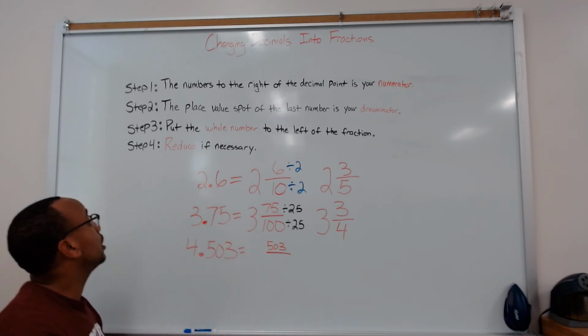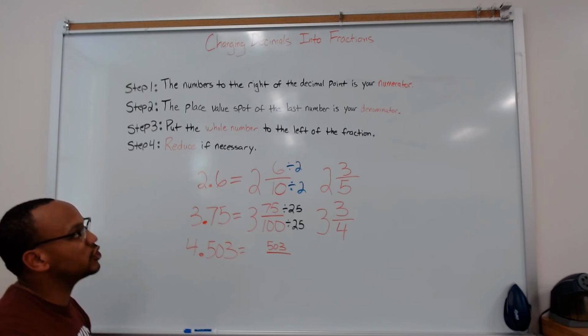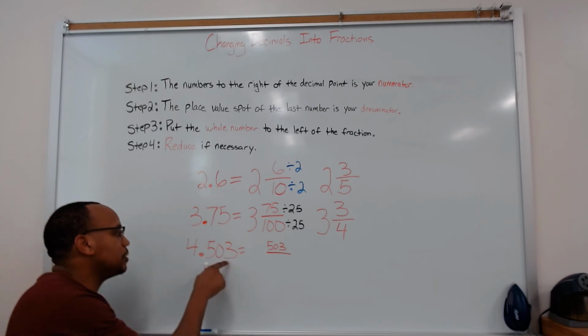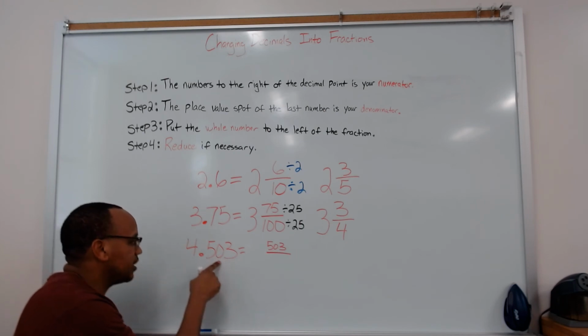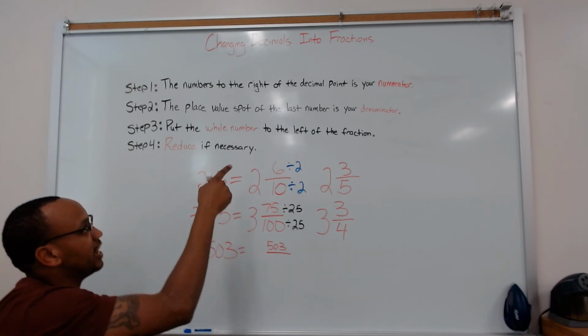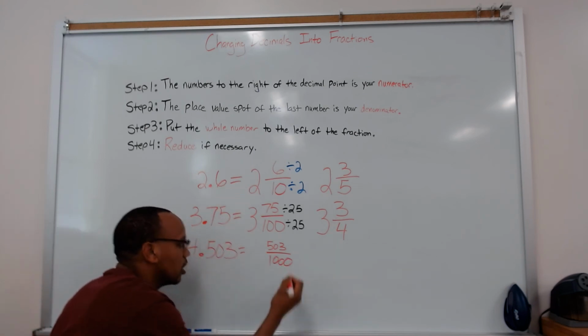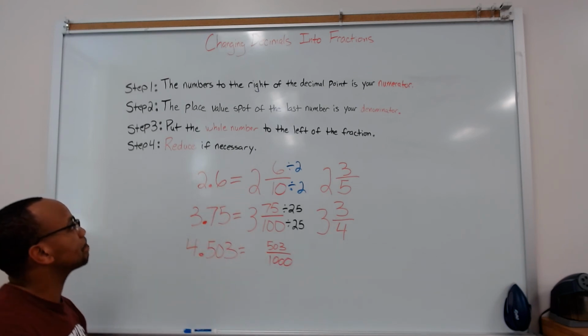Step 2, the place value spot of the last number is your denominator. So what spot is my last number 3 in? Well, that's tenths, that's hundredths, so this must be thousandths. The place value spot is thousandths, so that is my denominator, thousandths. All right?